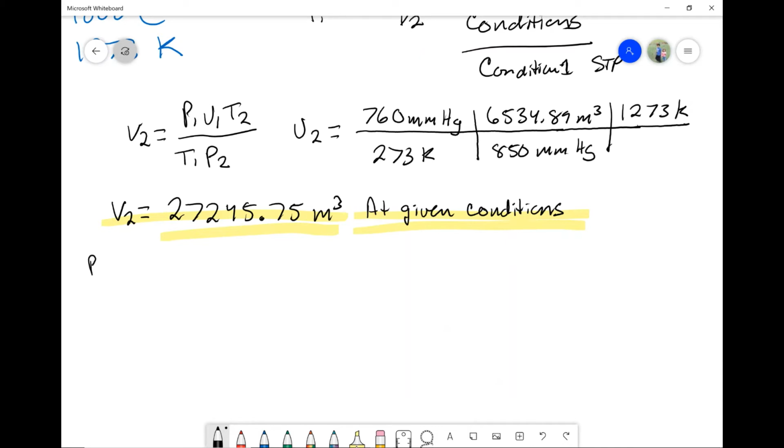So part C, they want the volume of the exhaust at given conditions.